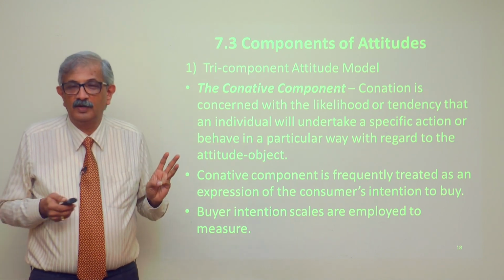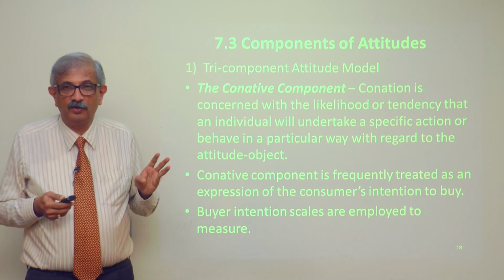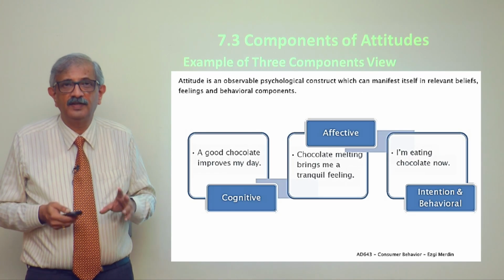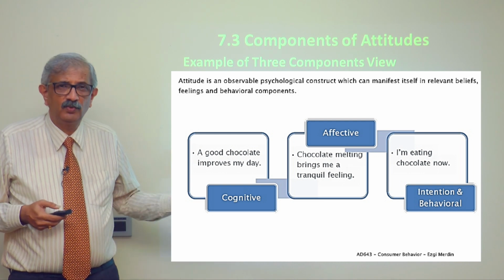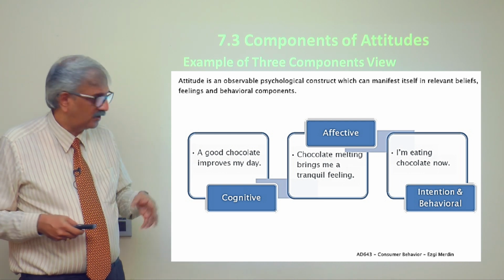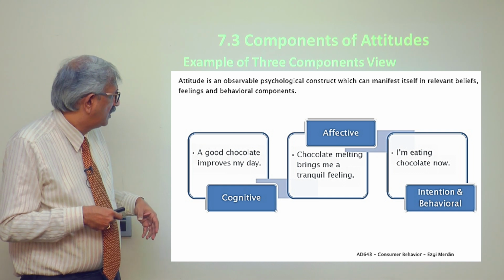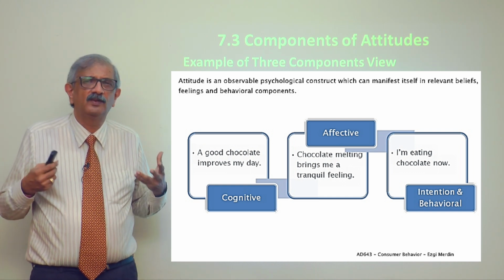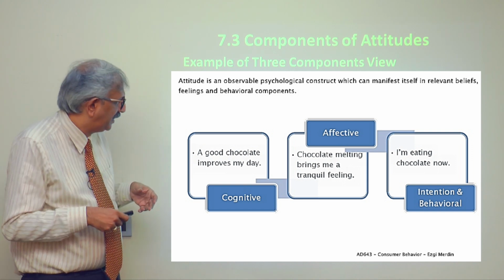So the tri-component attitude model, the cognitive, affective and conative components, we have studied. Let me give you an example. I have taken an example of a chocolate. Cognitive could be: a good chocolate improves my day. That's a cognition. If I get to eat a good chocolate, I feel my day is made.